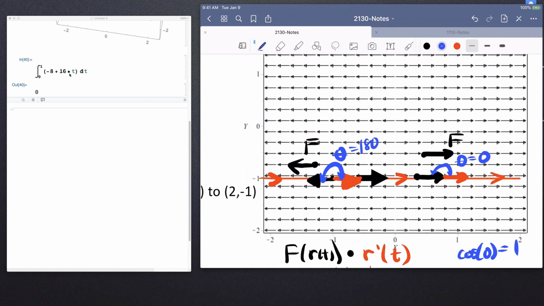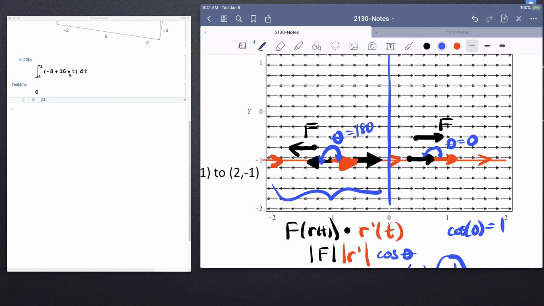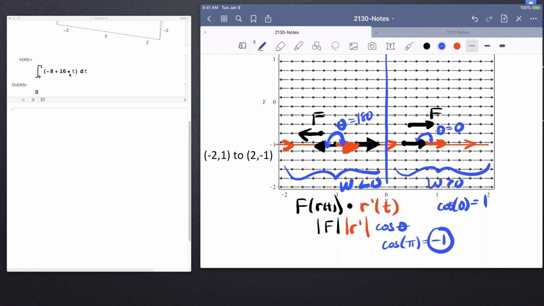So for this half of the motion, as you're moving along this curve, the work is less than 0, and on this side the work is greater than 0, and it's the same amount of work because the force was actually a constant, except for direction. So that's why I expected the work to be equal to 0 in this problem, because we had the same amount of work done but equal and opposite.